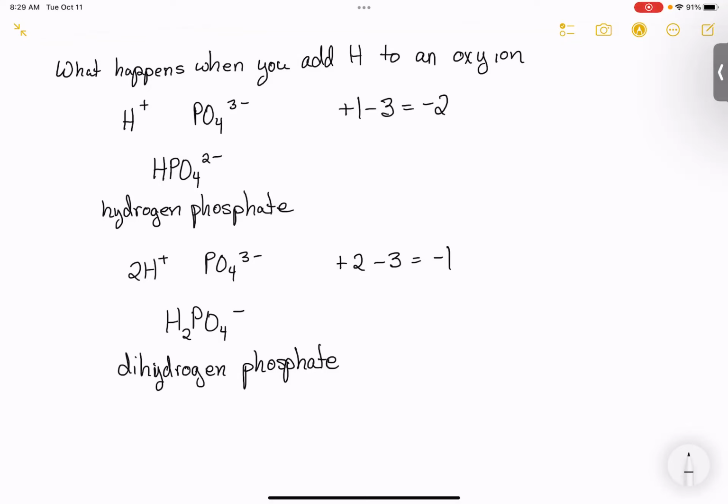I'm trying to help you with the memory work because there is around 88, if I recall, or 80 something ions to memorize. That's a lot of ions. So I'm trying to help you figure it out rather than just having to memorize so many things.